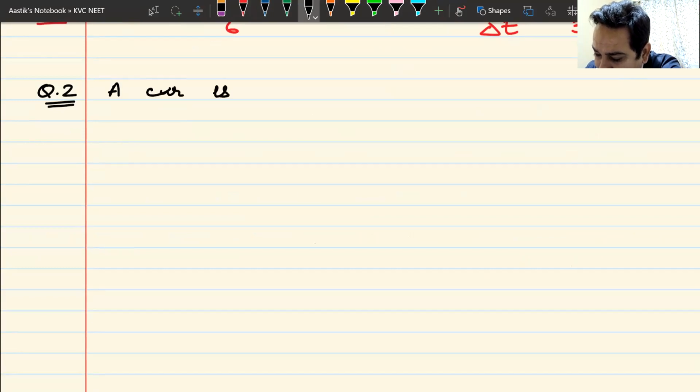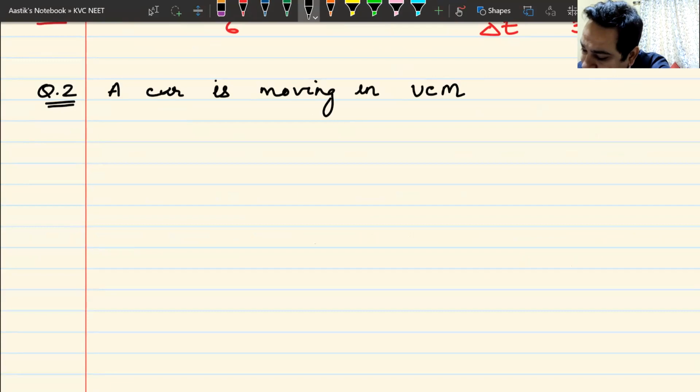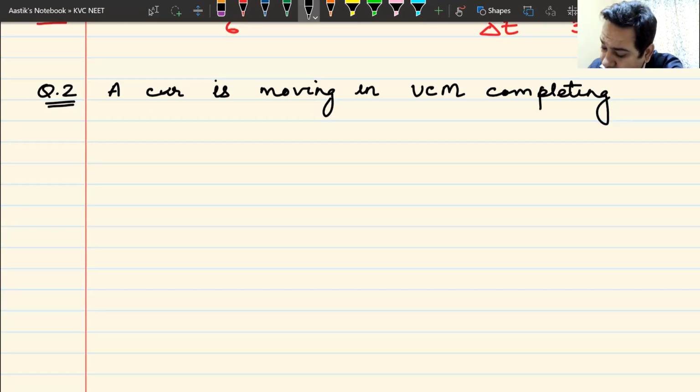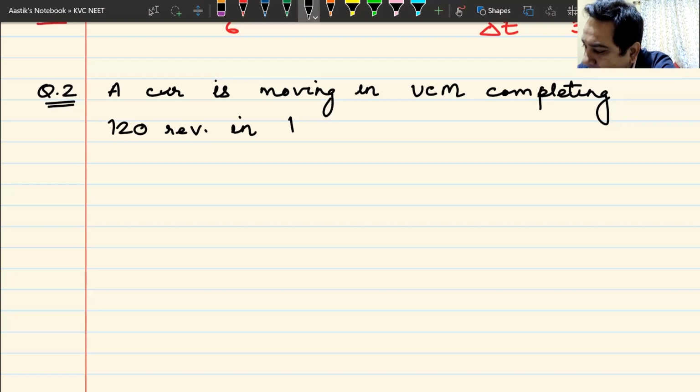A car is moving in uniform circular motion completing 120 revolutions in 2 minutes.